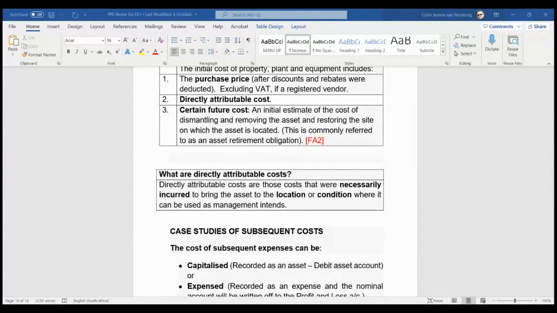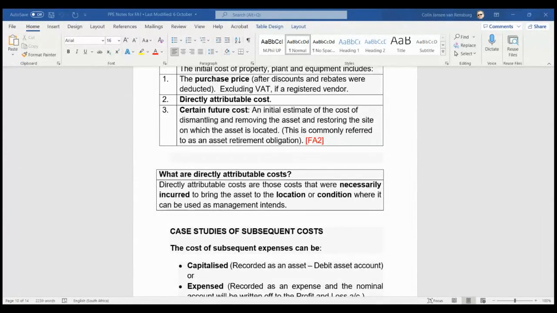So you can remember from IAS 2, from when we discussed inventory, that our railage inwards was always capitalized as part of the cost of inventory. Why was railage inward capitalized as part of the cost of inventory? Because it is a directly attributable cost.